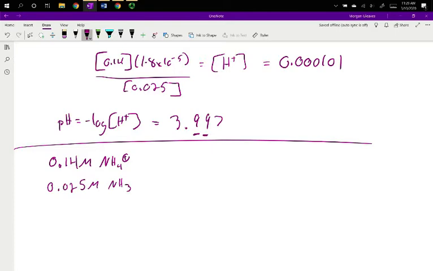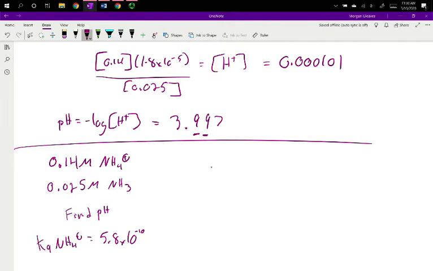We use the same concentrations of acid and base, and we're going to find the pH. I will tell you the Ka for ammonium is 5.6 times 10 to the minus 10. So the only difference here is a much smaller Ka.